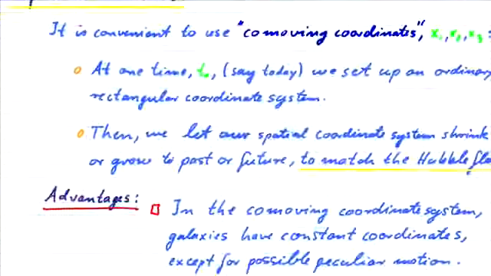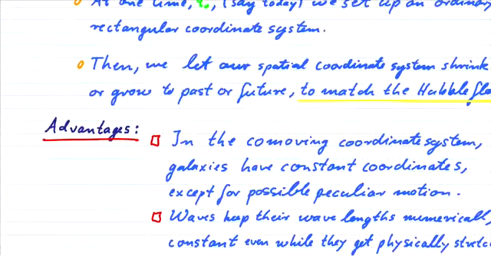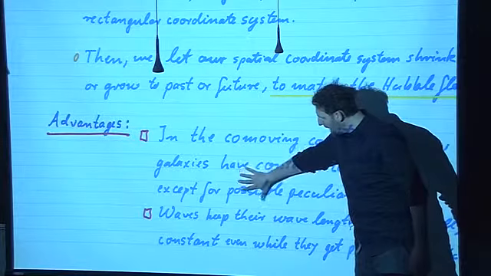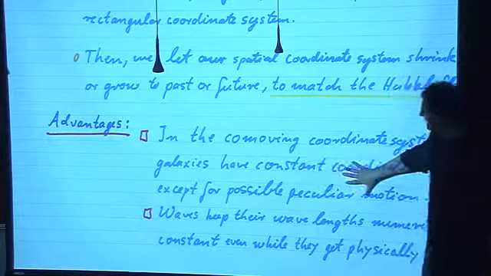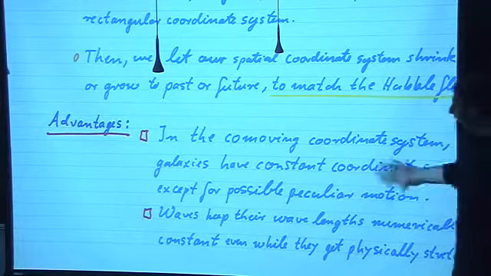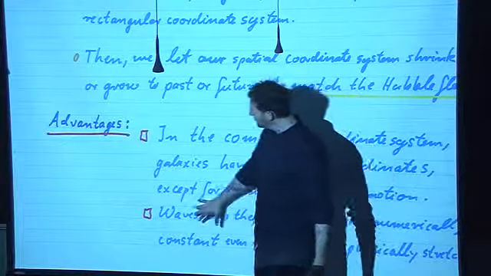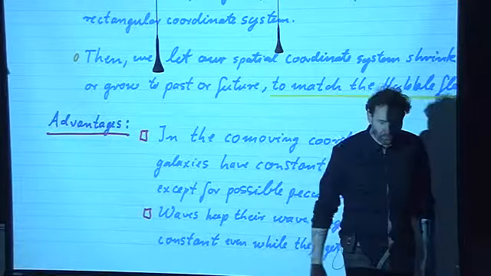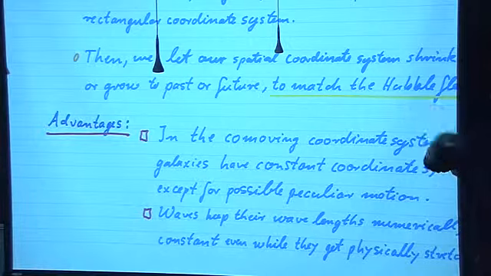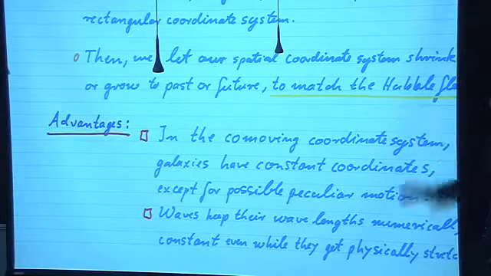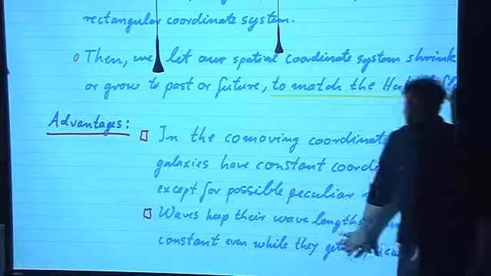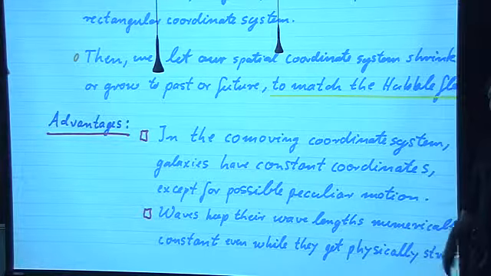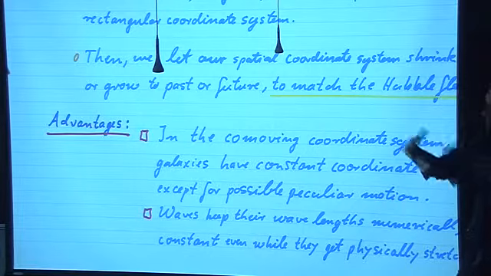Another advantage, so here I'm listing the advantages. One advantage is that anything that is just going along with the Hubble flow will be addressed in that coordinate system. But secondly, let us look at what happens with waves. If we have waves traveling in that space-time, like a plane wave, then its wavelength, physically speaking, is going to increase because it's going to be stretched.